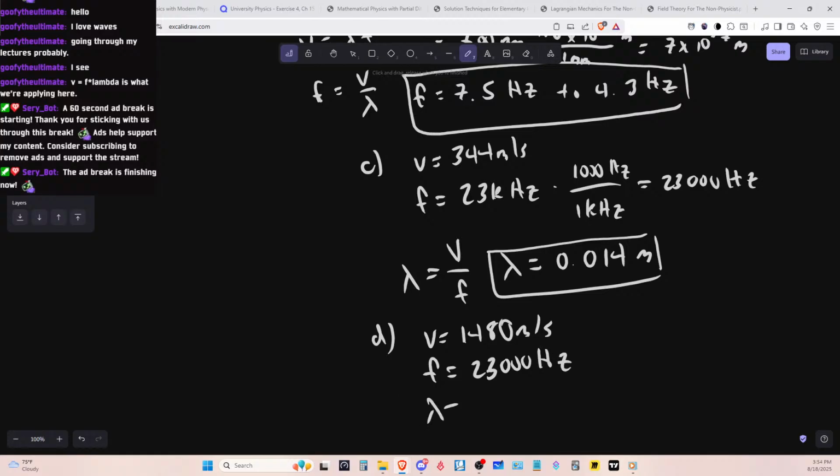So now for the wavelength, we are given meters. Okay. That wasn't too difficult. Now let's check.